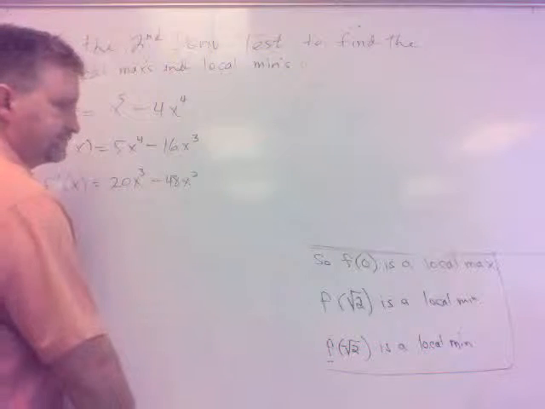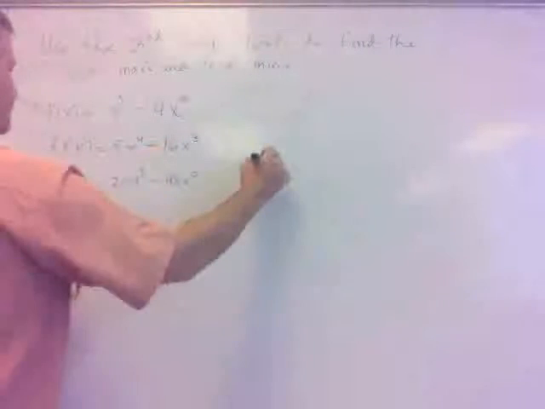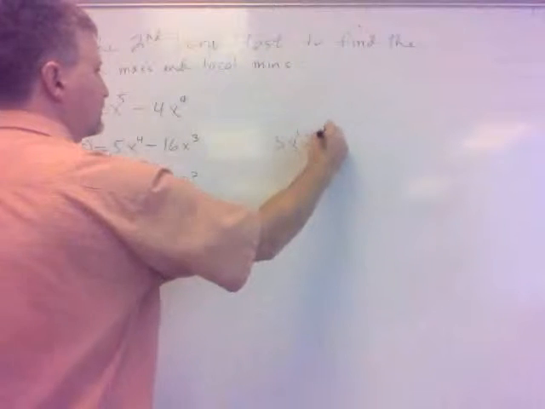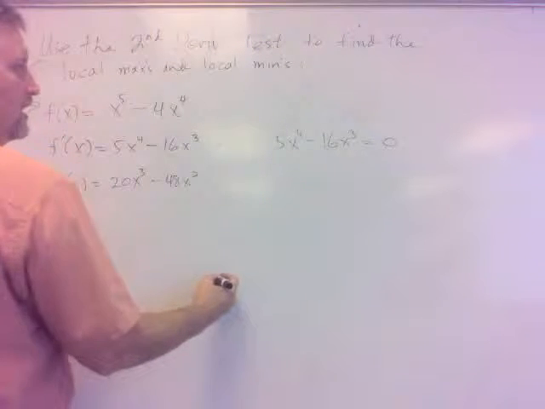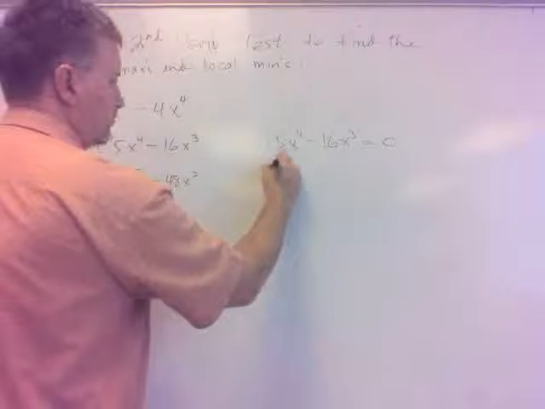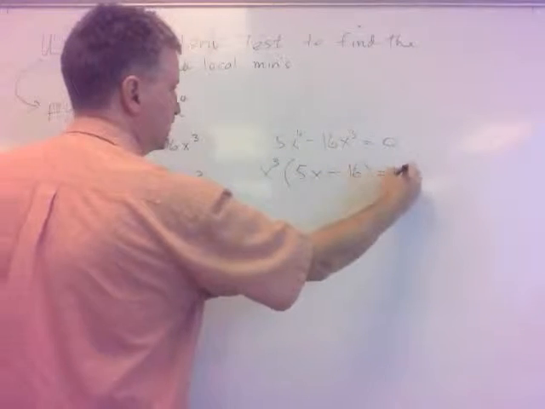All right. So after getting those, let's find the critical numbers, set the derivative equal to 0. Common factor of x cubed. So that'd be x cubed times 5x minus 16 equals 0.